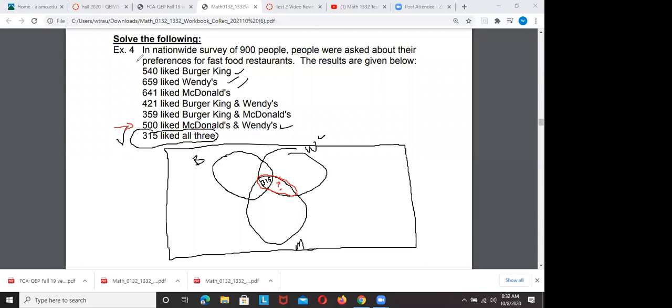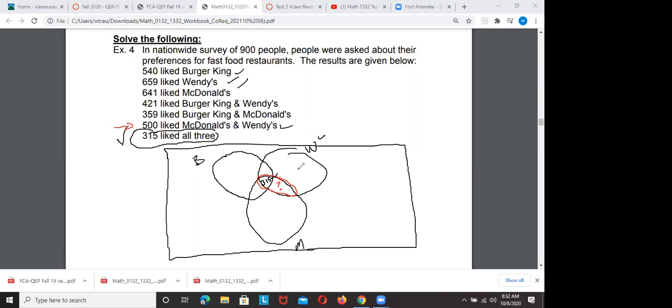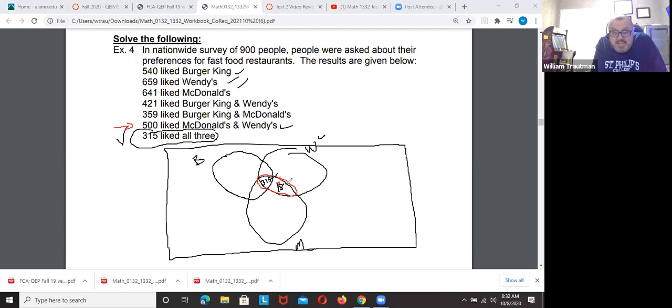500. Well, do you see the whole red circle here? That's Wendy's and McDonald's, it has to add up to 500. We already have 315 in that circle. Oh yeah, you subtract it from 500 and you get 185.